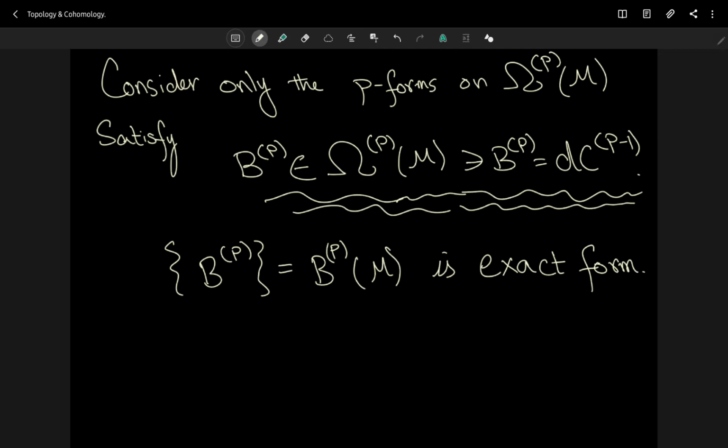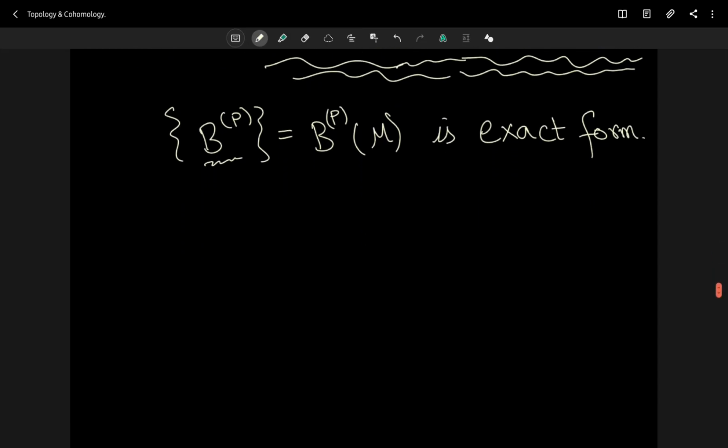Okay, so we will look at some examples and we'll see what we actually mean by this. And at the end of this video, we are also going to see why this is useful to us as physicists, right? Okay, and these B of P, the exact forms, they also have a vector space structure, right?